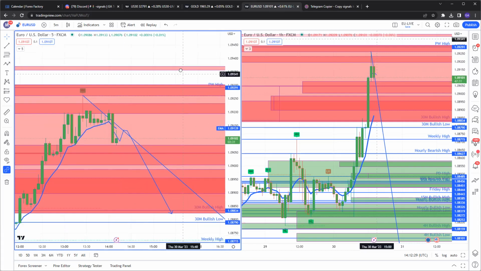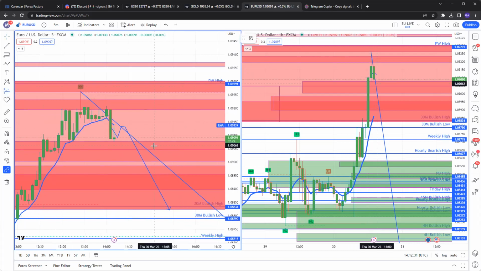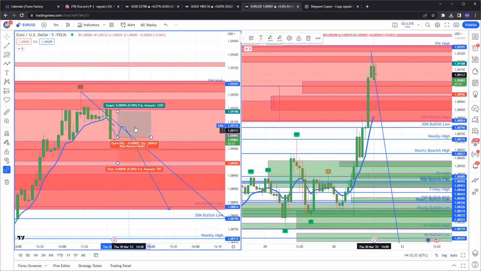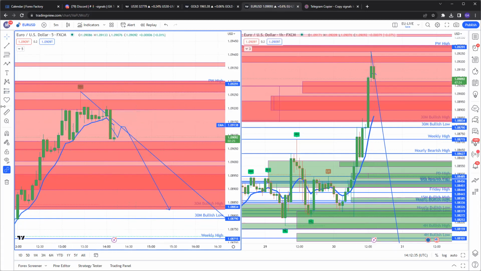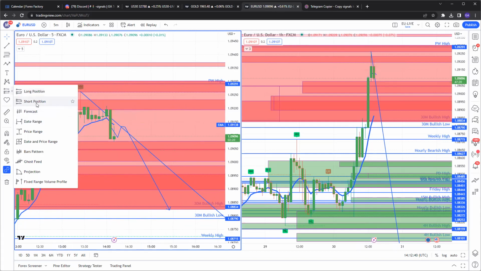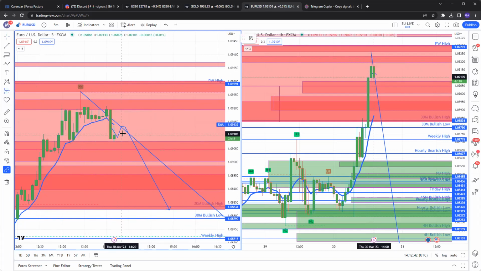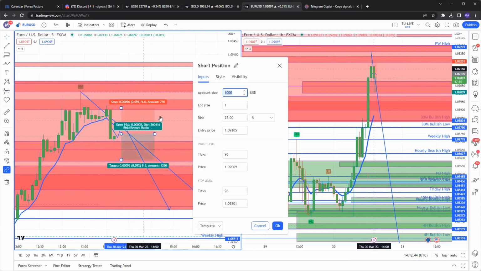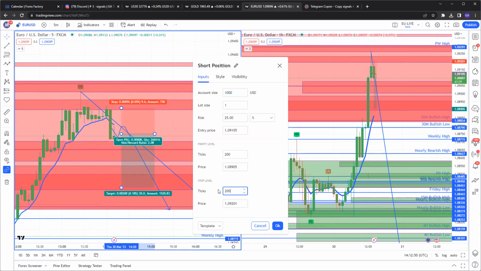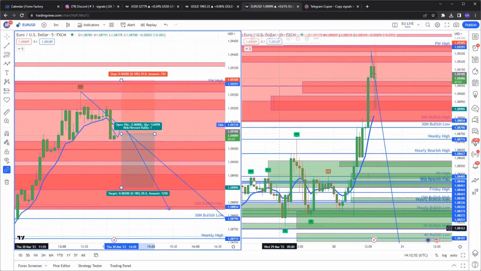Now for this particular trade, since we have a 20 pip stop loss, we might need to go for a bigger stop loss for EU, because we still have some supply zones to the upside that they can take price. So for this trade, let me see where 20 pips would be. I'm also risking 0.5%. So 20 pips take profit, 20 pips stop loss.